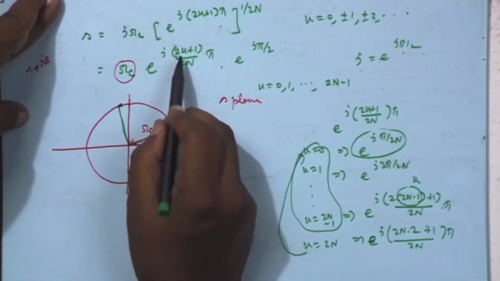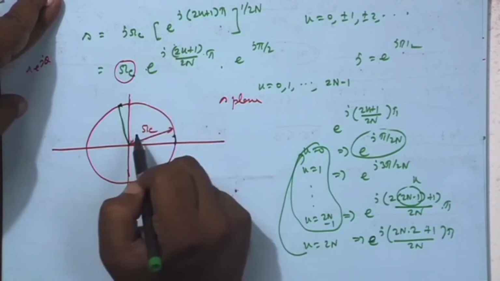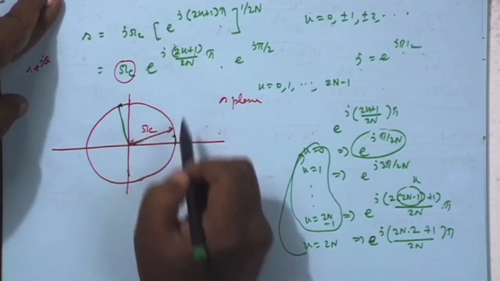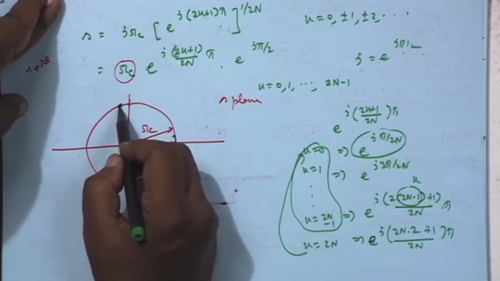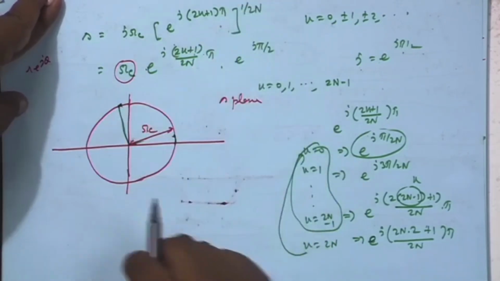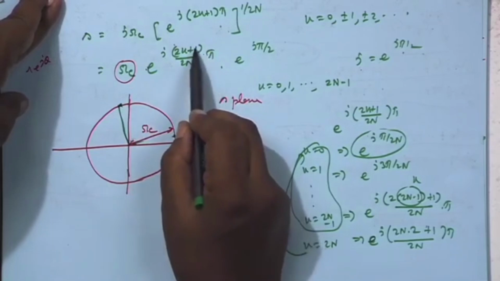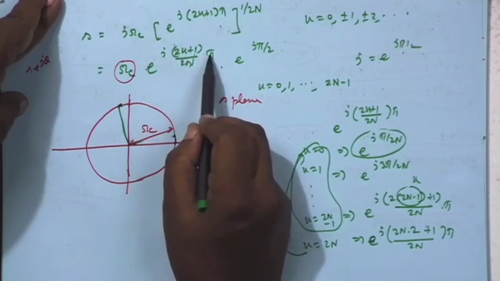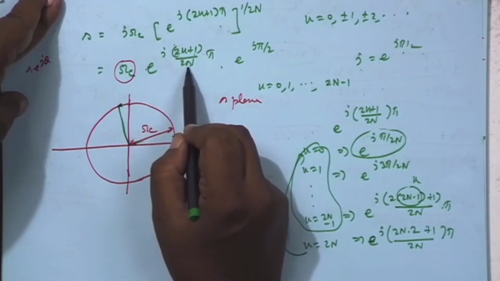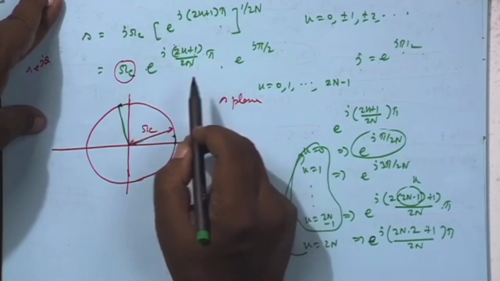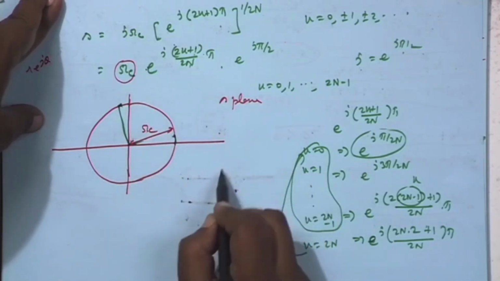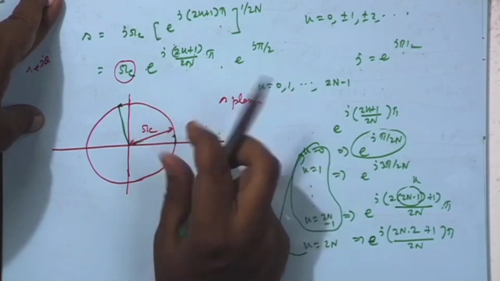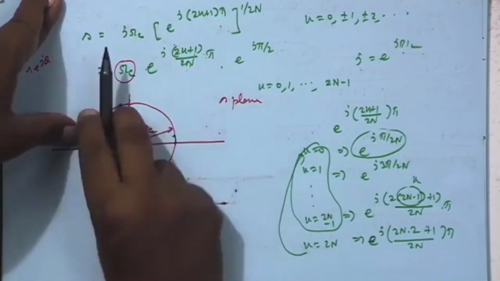Next root will be, if k goes up by 1, 3 pi by 2n plus pi by 2; pi by 2n plus pi by 2 was here. Okay. Next one, if I jump, how much will be the gap? Earlier I had pi by 2n, now for k equal to 1, it is 3 pi by 2n. So, there will be a gap of pi by n. Are you following me? First start with k equal to 0. So, pi by 2n is the smallest amount, and then you add pi by 2.